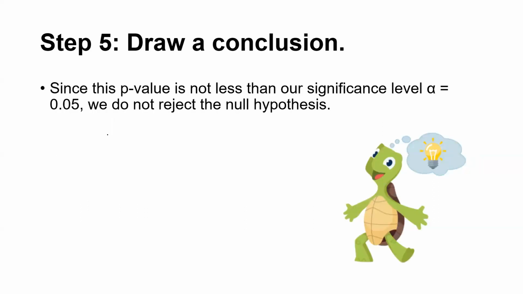Therefore, the alpha, which is 0.05, is smaller than what I calculate. The probability that I had was bigger than the significance value. I do not reject the null hypothesis, or I accept the null hypothesis. And the null hypothesis was saying that the weights of these two different species of turtle are equal. So I do not reject the null hypothesis because the probability that I calculated is bigger than 0.05.